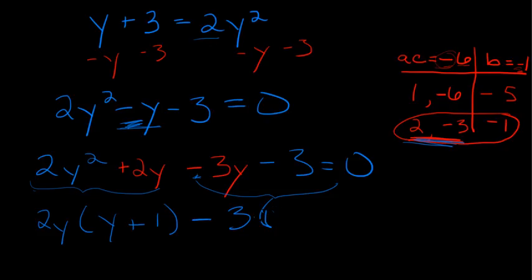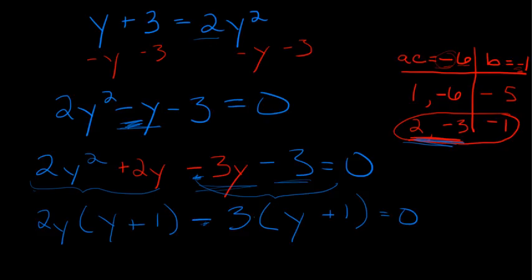So let's fix up that parenthesis there. Notice this negative was just a copy of this, but now I have to consider the fact that I'm factoring out a negative 3. So a negative 3 factored out of negative 3y leaves just a y, and a negative 3 factored out of negative 3 leaves just a 1. Okay?